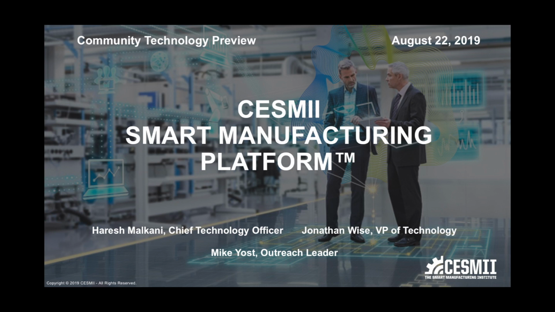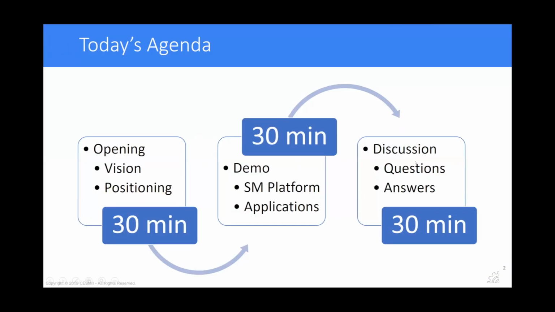I'll explain a little bit about how the afternoon is going to work and what content we're going to cover. From an agenda perspective, we're going to break this up primarily into three sections. We're going to take the opening 30 minutes or so, and Haresh and I are going to talk through an opening of what we're all about, what CESMII is here for, the vision of the technology platform, future positioning, and things like that.